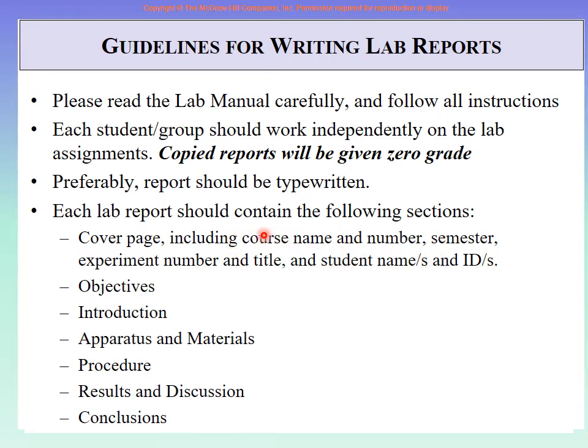So make this cover page and just keep on adding it to each one of them. The only thing you have to change is the experiment number and title. All the other things, course name, course number, semester, student names, student IDs remain the same. So just make one cover page and then keep on using it in the other experiments by changing the experiment number and title. Objectives should be clearly written.